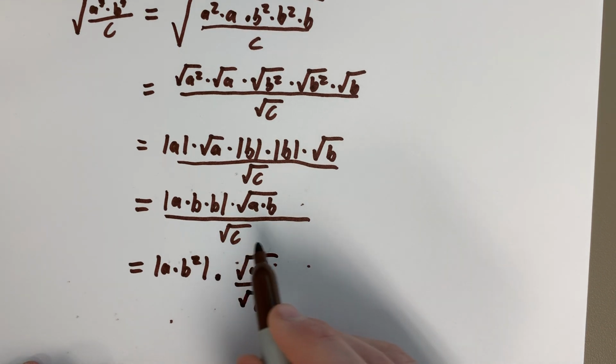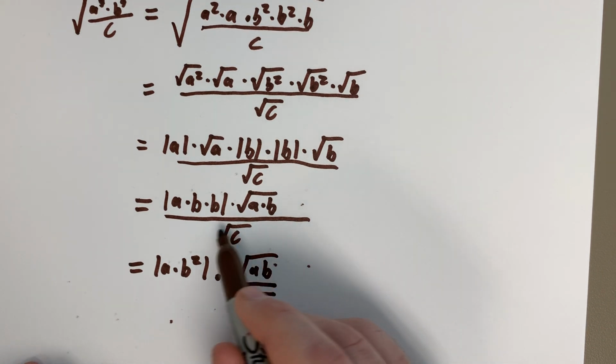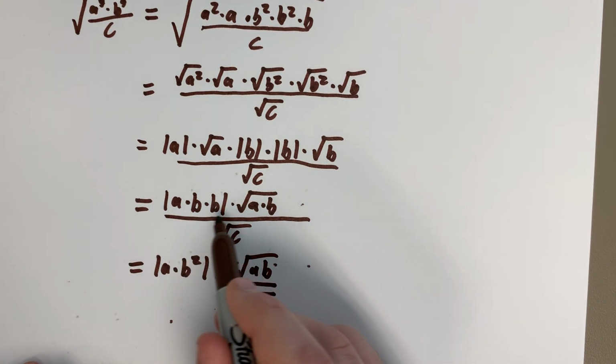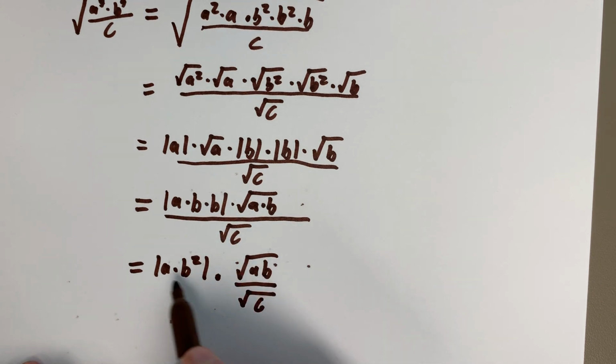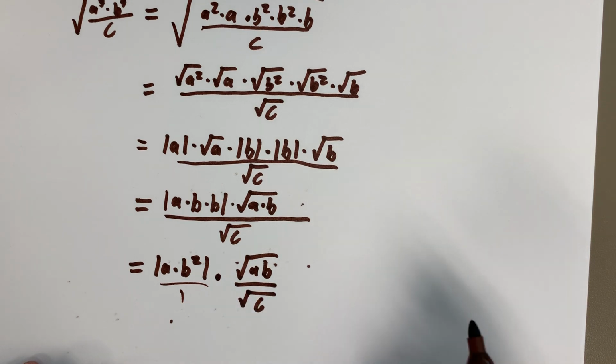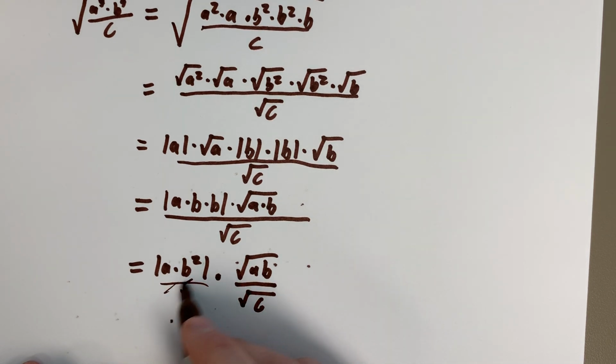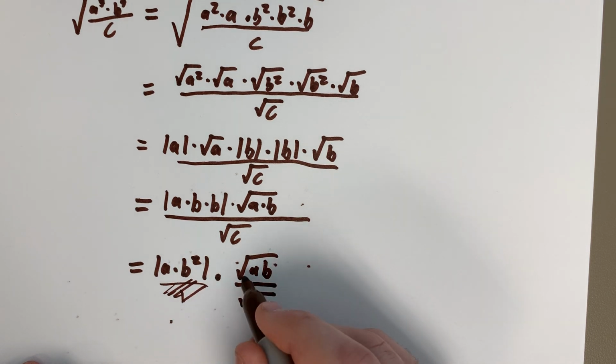This is just properties of fractions that we're using here. So we have this thing in the denominator, and I have things being multiplied on top. So if this were like over 1, you just multiply straight across just using basic fraction rules. So this is what we end up with. Absolute value of a times b squared times the quantity square root of ab over square root of c.